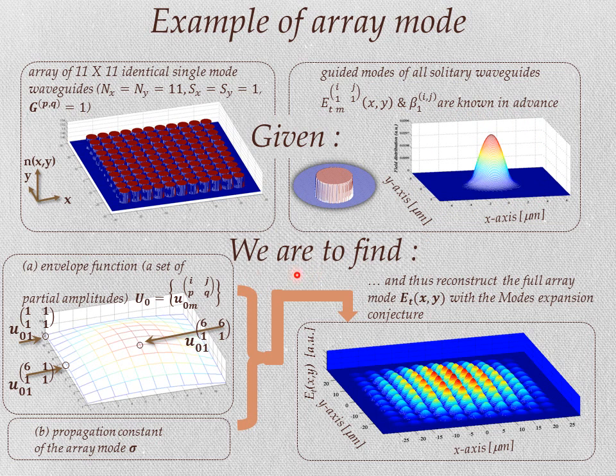We are to find (a) the envelope function, or set of partial amplitudes, and (b) the propagation constant of the array mode. If we find this, we can reconstruct the full array mode with the mode's expansion conjecture shown on the previous slide.